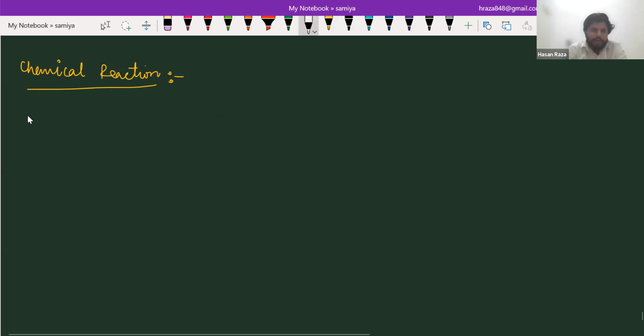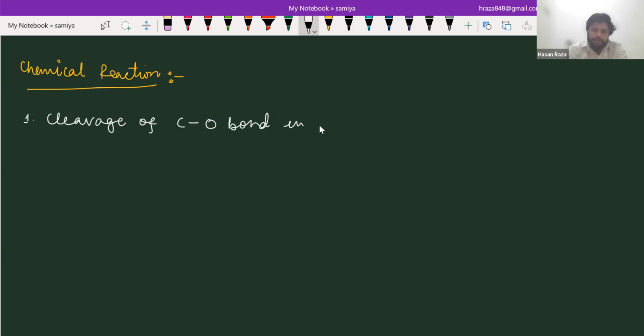So the chemical reaction also is of two types. Here, cleavage of the C-O bond in ethers.